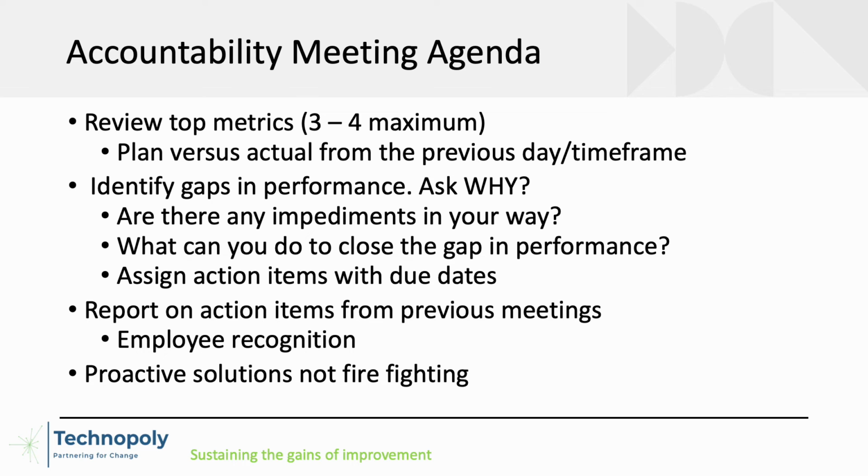It's also important that we recognize the people who are instrumental in closing these gaps. The purpose of these accountability meetings is not to put out fires, but to find solutions that will be more sustaining than simply having a quick win.